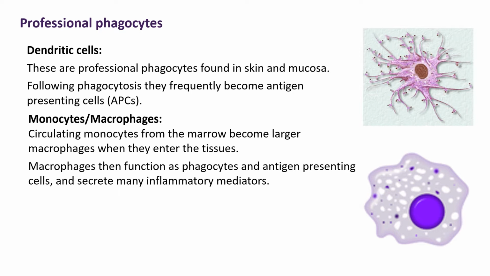And then they start to function as phagocytes. When they do, they secrete many inflammatory mediators, so they are calling for help. They are causing leukocytosis, they are causing more phagocytes, more leukocytes of every kind to come and help them.